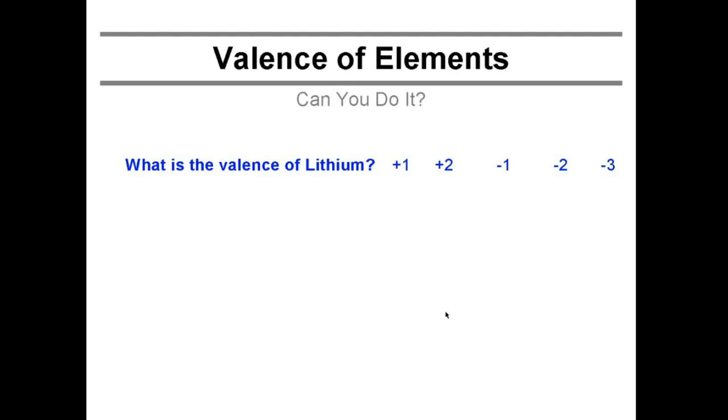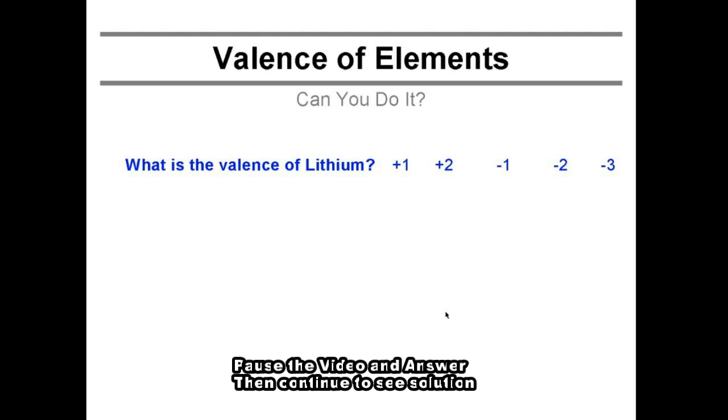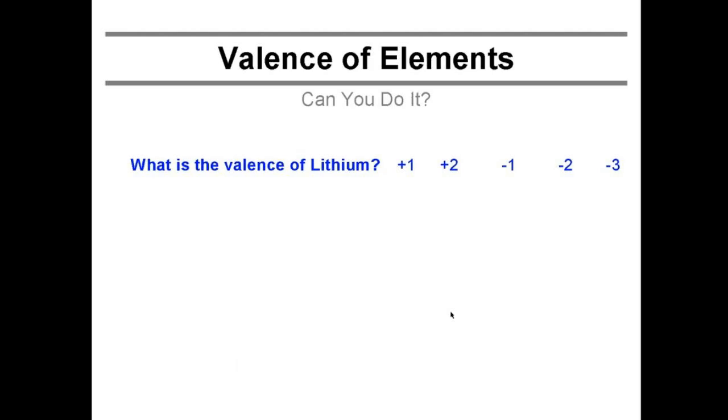Again, how do you do this? Electrons in the last electron shell, gaining or losing, and you should get the correct answer. So for lithium, the answer is +1. It's easier to lose just 1 electron than to gain 8 more.